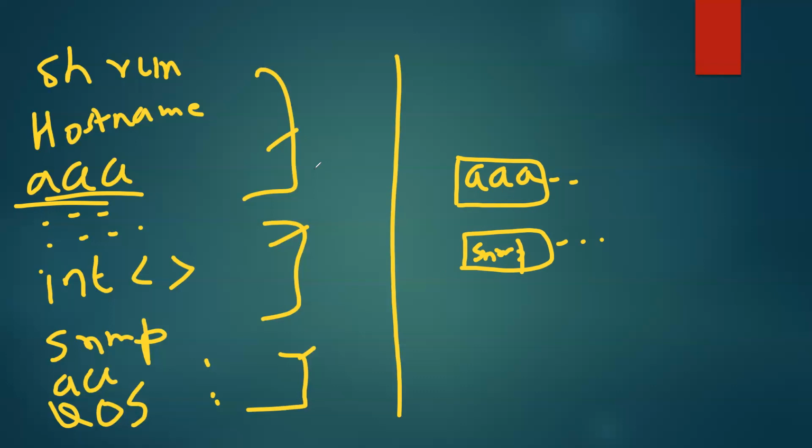Now, if you group them in small categories, what is the benefit? The benefit is that your configuration will become modular. What does modular mean? Why do we need modular configuration?